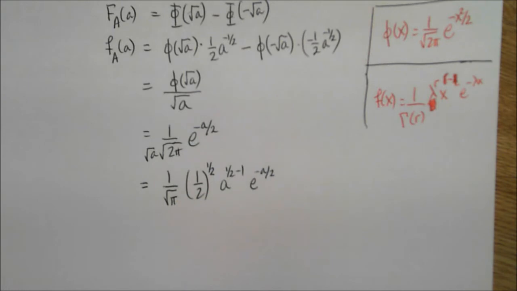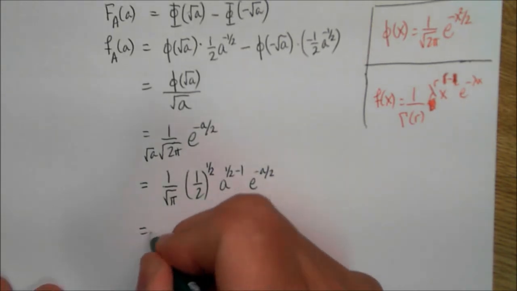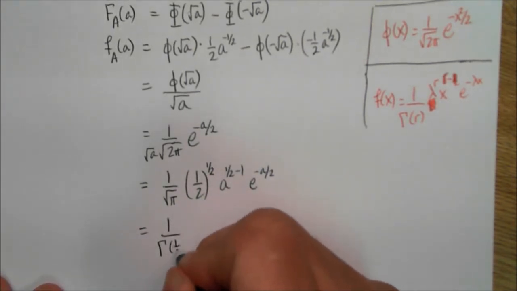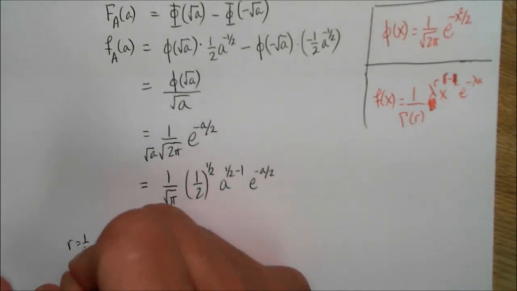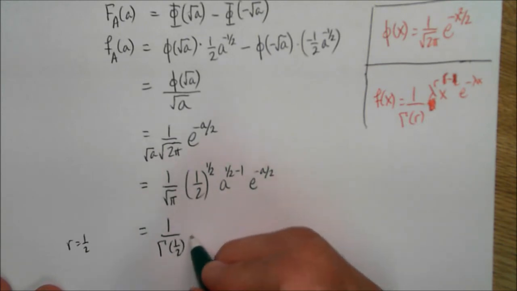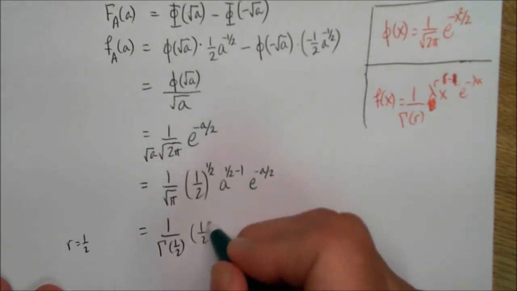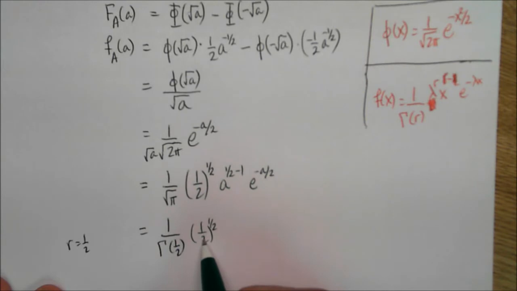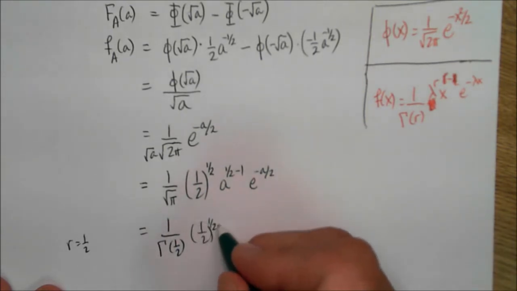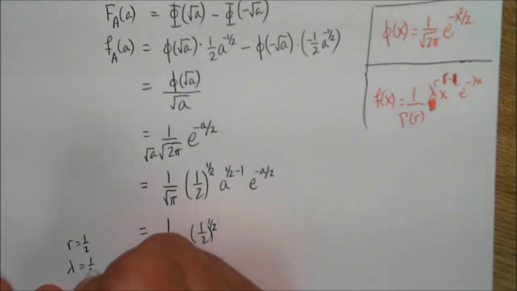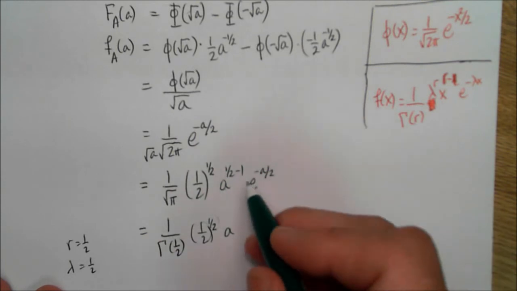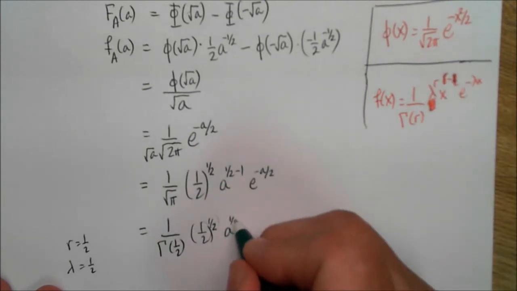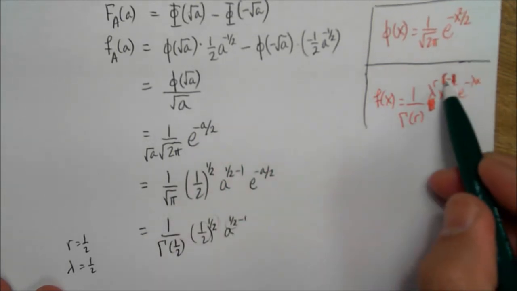So in my case, I see that this is 1 over gamma of 1/2, so that matches this, where r is equal to 1/2. Then I have 1/2 to the 1/2, so there's my lambda here, and lambda equals 1/2 also. Here I have a to the 1/2 minus 1, so there's my r again.